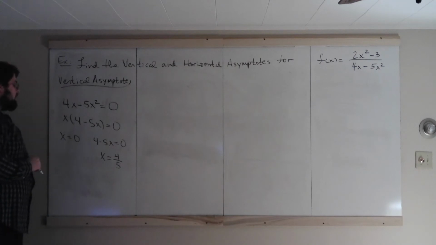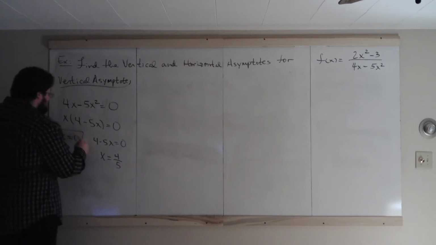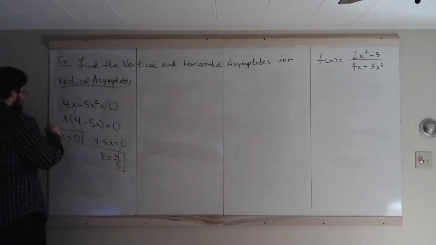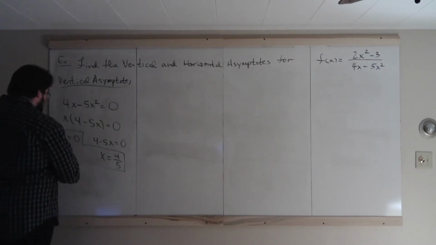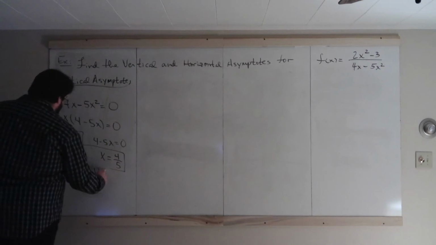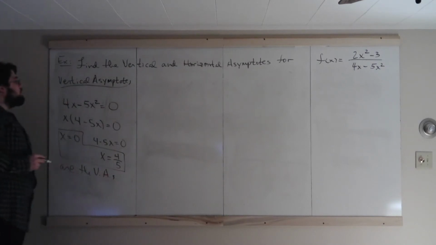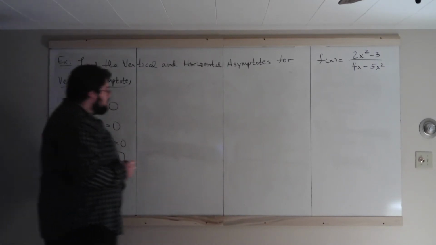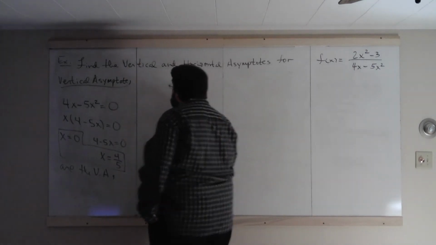Add 5x, divide by 5. So we get x equals 0 and x equals 4/5 are the vertical asymptotes. Vertical asymptotes are both quite large words, so we'll just abbreviate them VA.